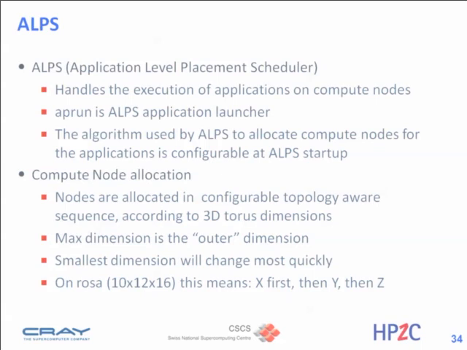Okay, so yes, what I was talking about is this compute node allocation. There are some ways to some extent this can be configured. The system people are doing this for you.